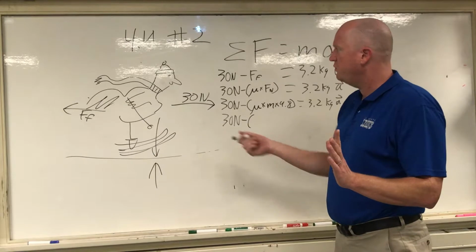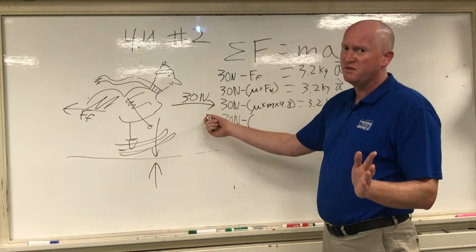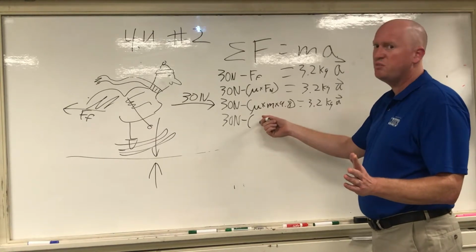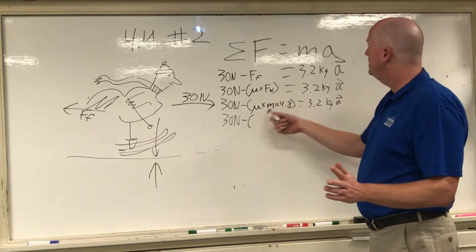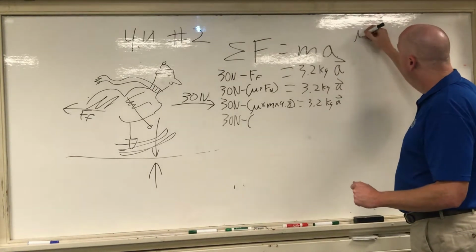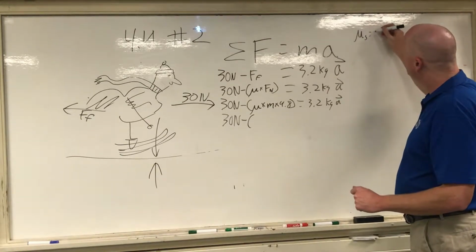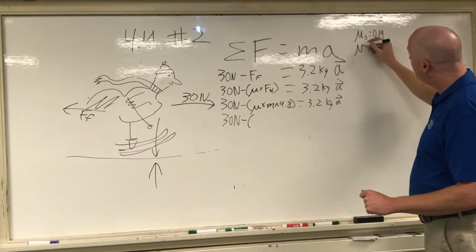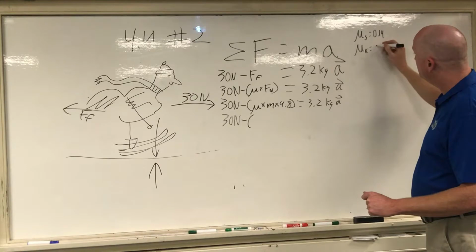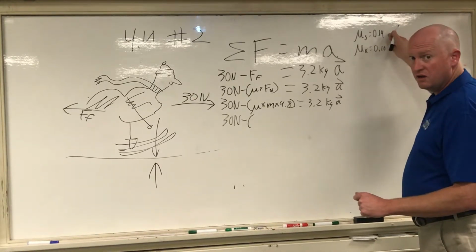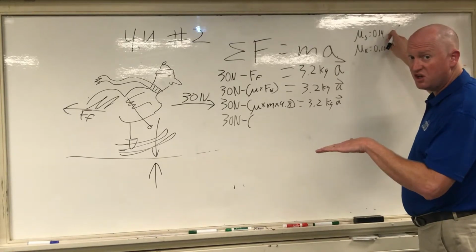I know a lot of you are thinking, we already figured out the force of friction, didn't we? We used the coefficient of friction that was 0.14, right? But if you remember, I gave you 2 coefficients of friction. I gave you a coefficient of static friction, which was equal to 0.14, but I also gave you a coefficient of kinetic friction, which is equal to 0.10. You used that one for when the chicken was sitting still.